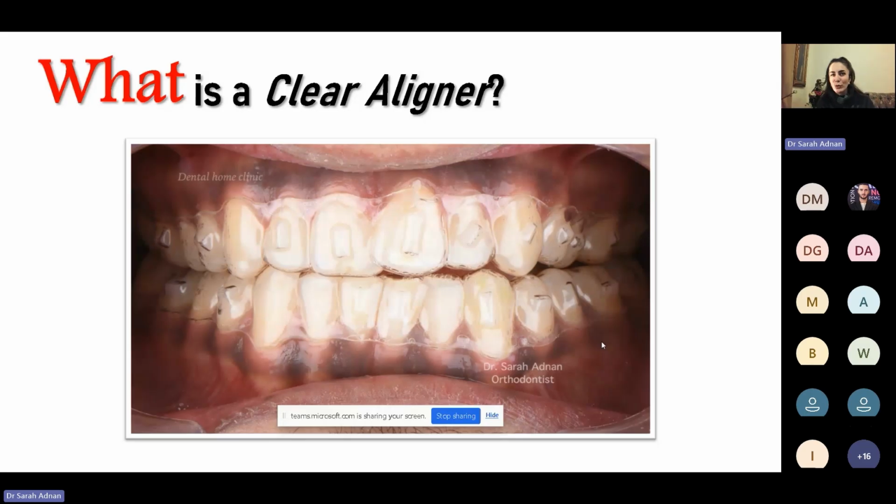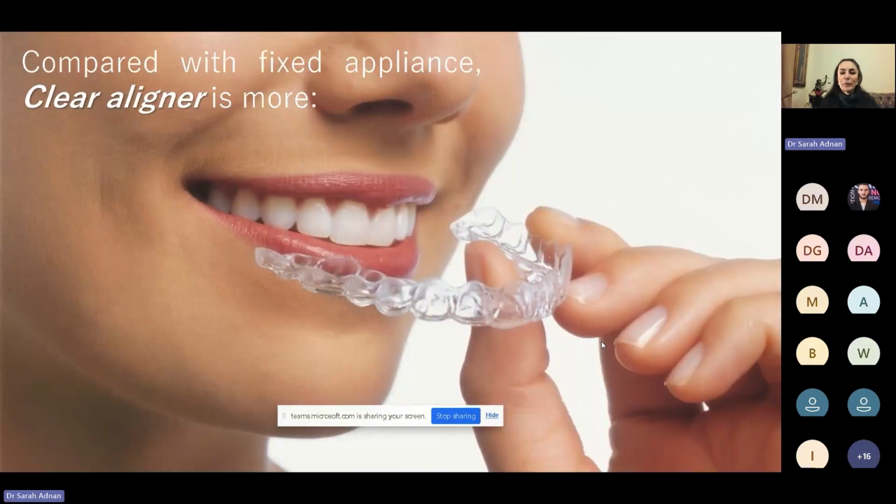They were introduced in 1945 by Kesling and have evolved with time. Compared to fixed orthodontic appliances, clear aligners are more aesthetic because they are transparent and clear, so they are invisible, and most patients like them because of their appearance.